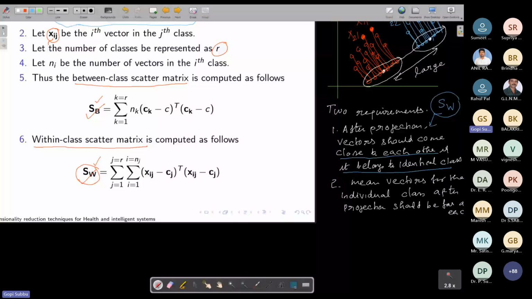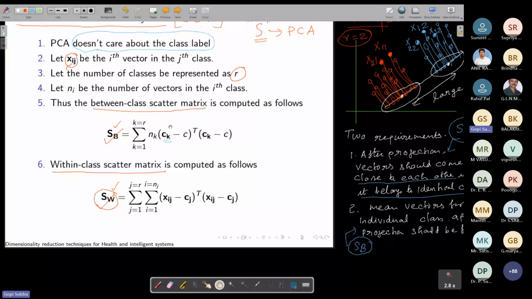And here we have SB, the between class scatter matrix, which is responsible for making the mean vectors go apart, so that the classes get separated. You can see that in the between class scatter matrix, we use only the centroid or mean vector of the individual class in the original dimensional space.